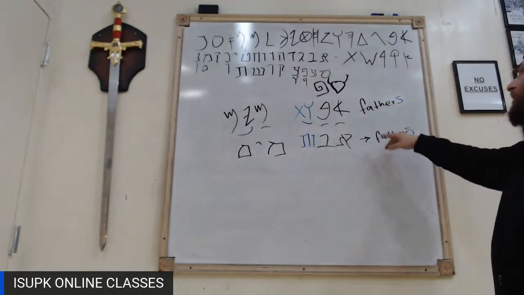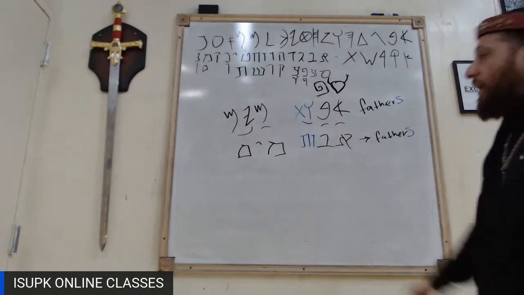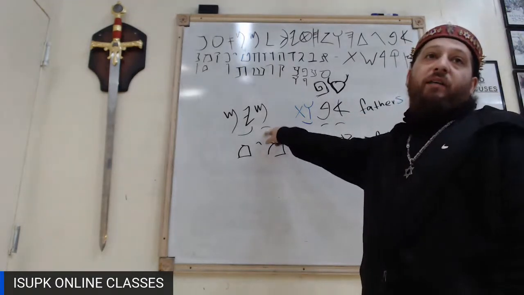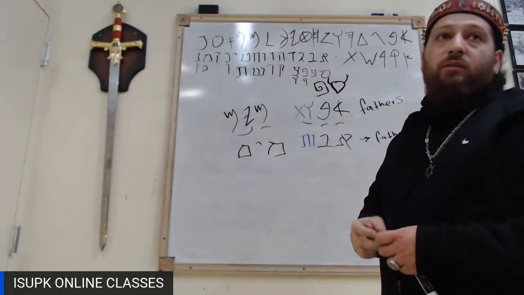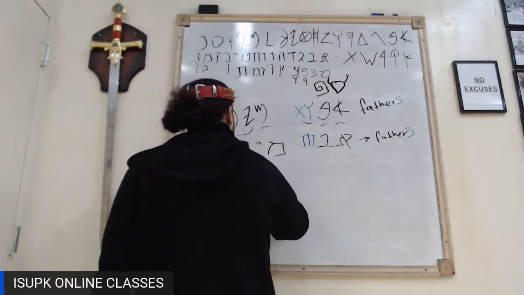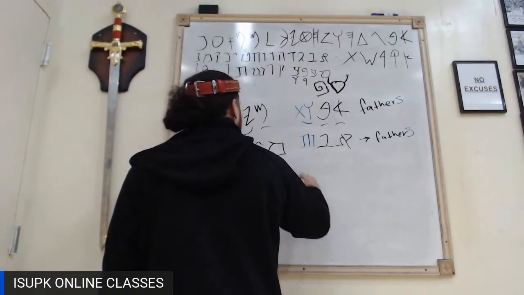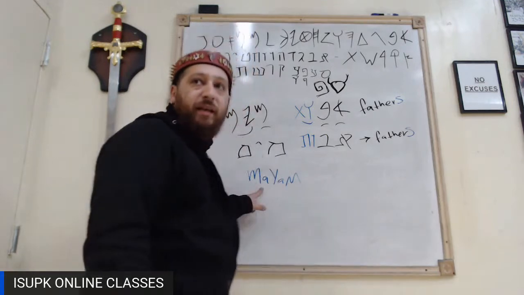Av, Abba, father; Avot, fathers. Mayim, water; mayim, waters. And for some of you at home, it might help writing the letters in English also.